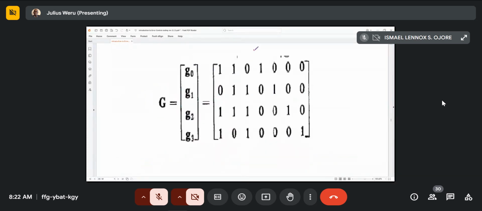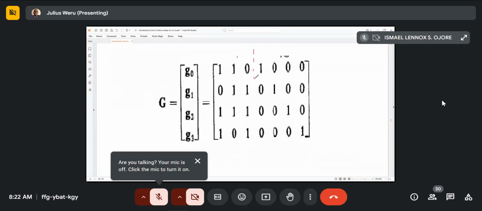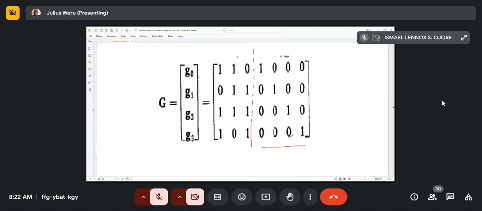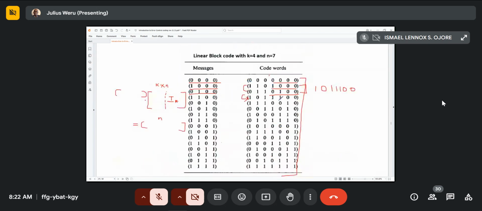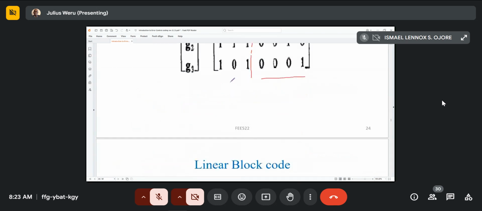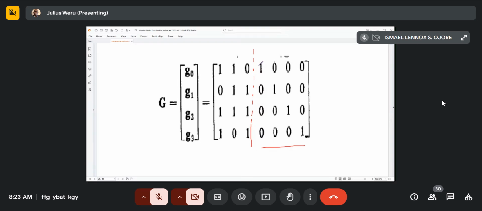You can see it has two parts. One part is a K by K identity matrix. This is the one that, if you multiply out, you will find these bits will just be repeated.